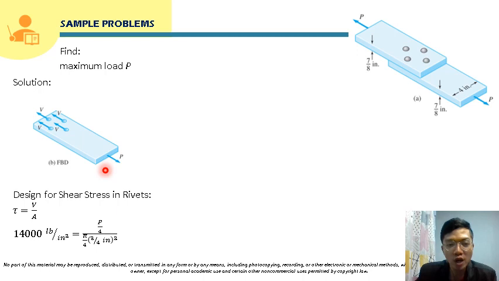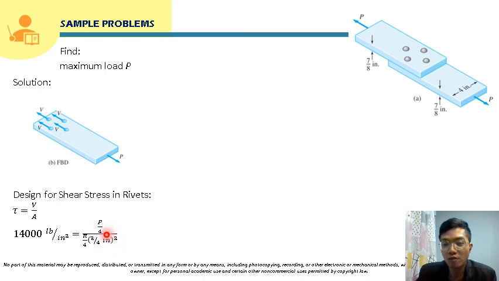If you are going to solve for the shear force V using the equilibrium equation, that will just be 4V minus P is equal to 0. Solving for V, or the shear force, that will be P over 4. The shear force here will be P over 4, and then the area of the rivet will be pi over 4 diameter squared.